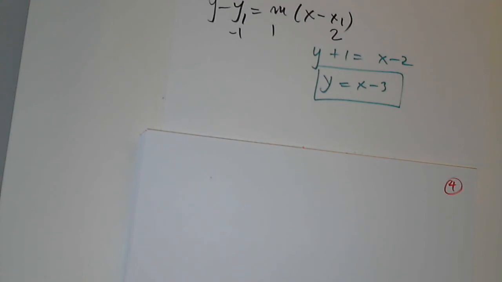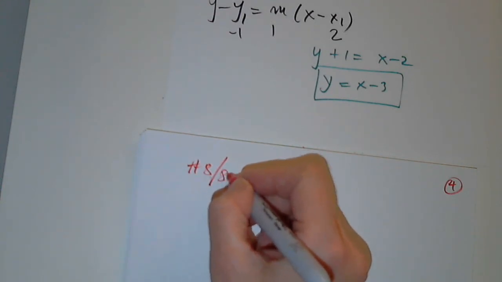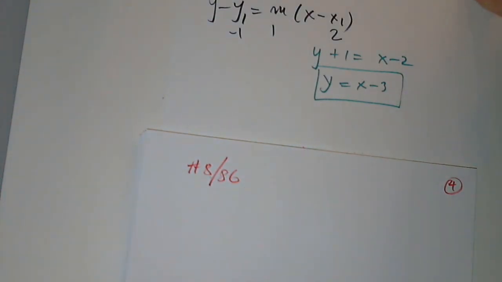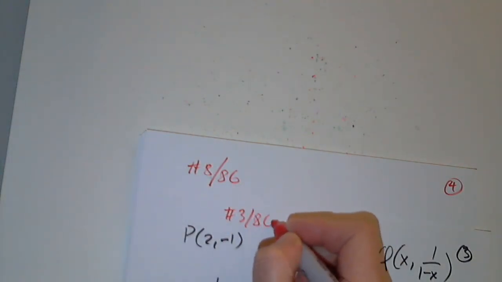It says the displacement in centimeters of a particle moving back and forth along a straight line is given by, okay. So this is problem 8 on page 86. This one was 3 on page 86, my apologies. I always write it, I don't know why this time I didn't.